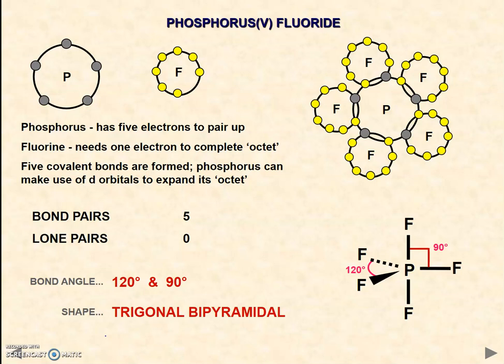When you have 5 bond pairs and no lone pairs, then you have a completely different shape, and the name of the shape is trigonal bipyramidal. It's called bipyramidal because, well, the name trigonal: you can see you've got this trigonal planar shape here.